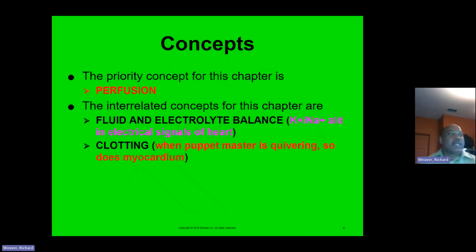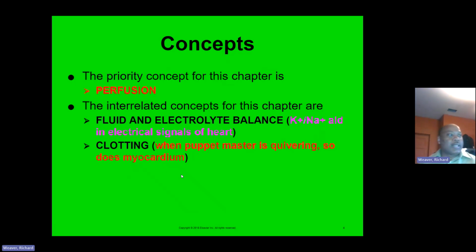Some of the interrelated concepts for this chapter will be fluid and electrolytes. You understand now why, because electrolytes are constantly moving in and out of cardiac cells, the electrical conduction system and the cardiac muscle, and it allows it to work properly.